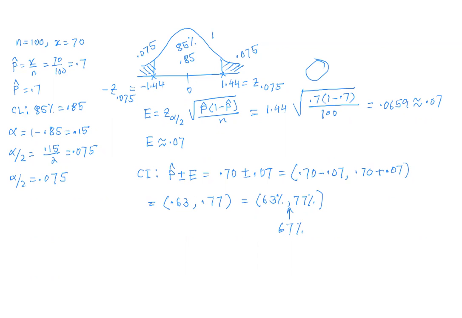So therefore, you would say, yes, you probably would agree with Pew Research's conclusion that 67% of the Muslim Americans believe in equal rights, because that 67% does in fact fall within the interval that you have created. The confidence interval 63 to 77 does in fact include 67%.